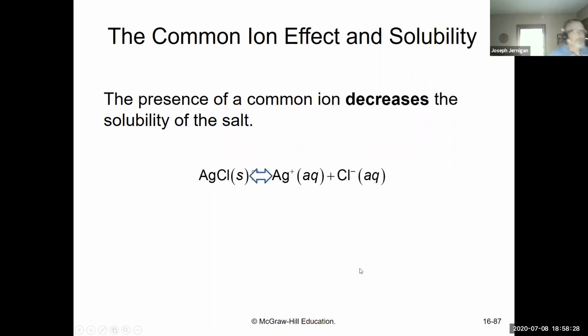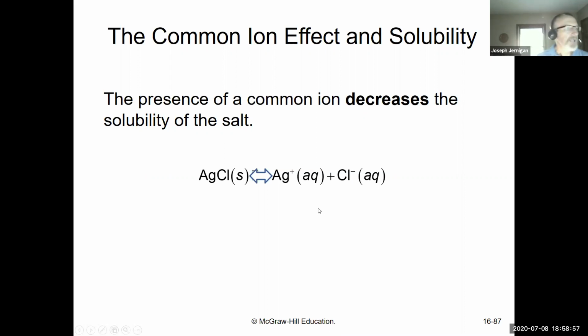Common ion effect in solubility. The presence of a common ion decreases the solubility of the salt. And again, the way I think about this conceptually is it follows Le Chatelier's principle, right? If you have a solution of silver chloride and you add silver nitrate, the silver nitrate is going to completely ionize.